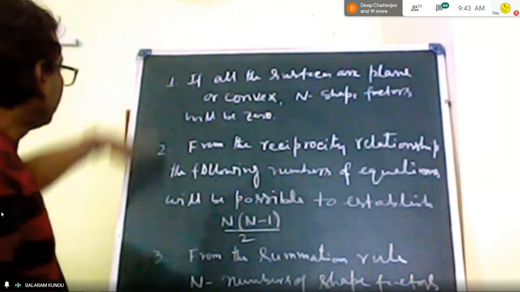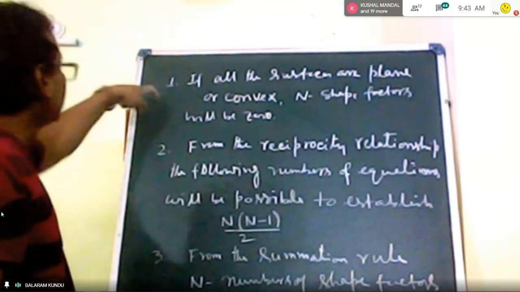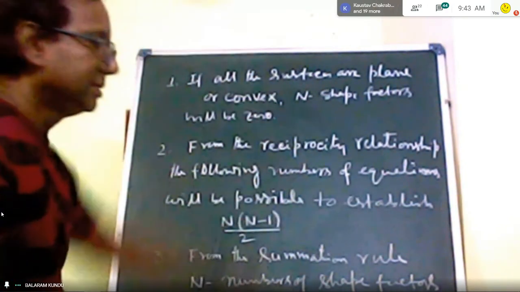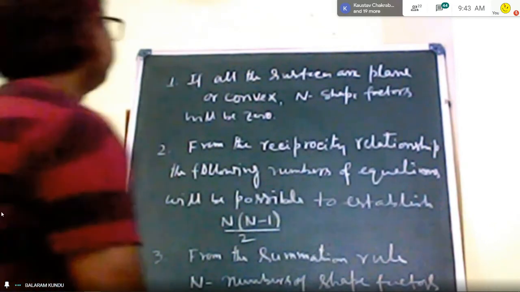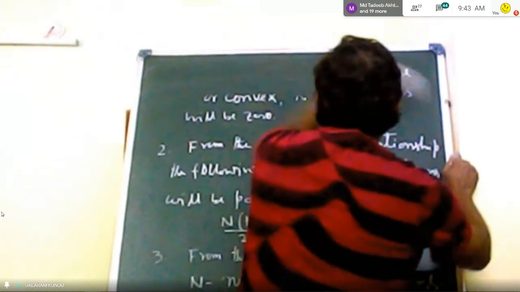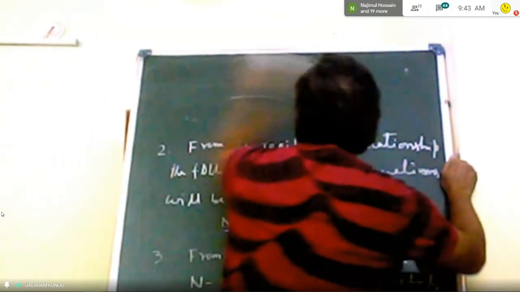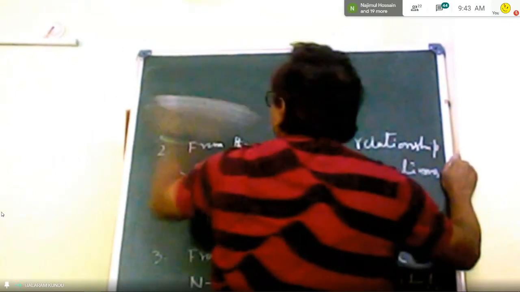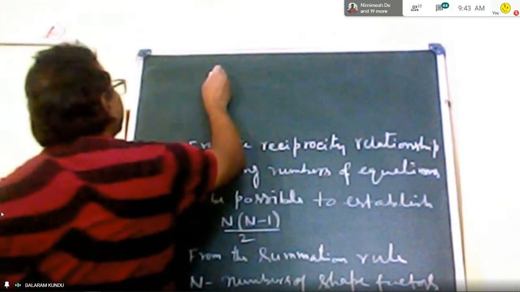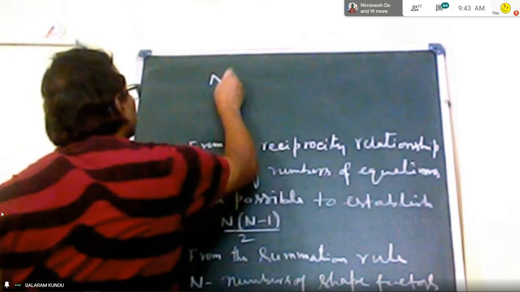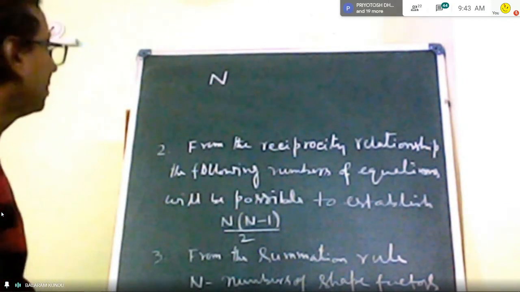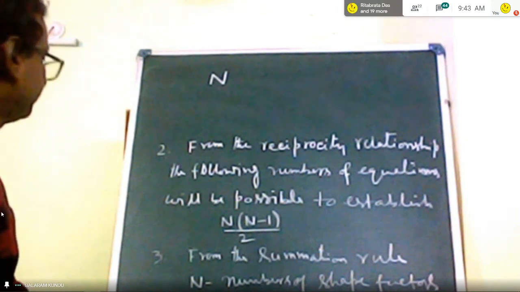Now, three conditions, case 1, case 2, case 3, and sum these three. The first one, n number of shape factors is 0 if the surface is plane or convex.